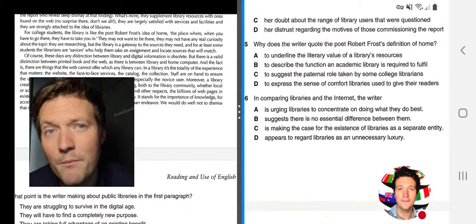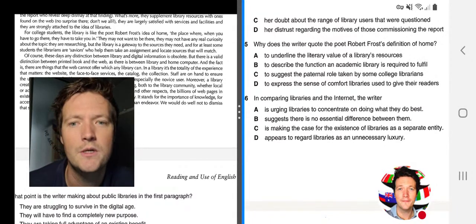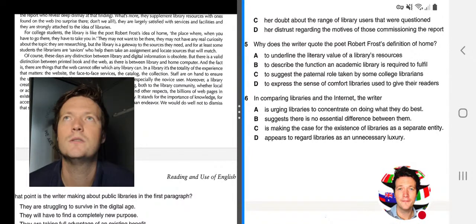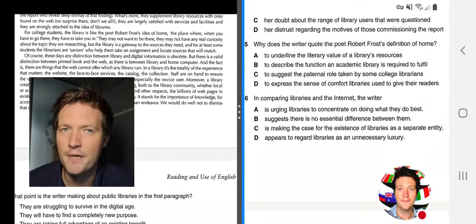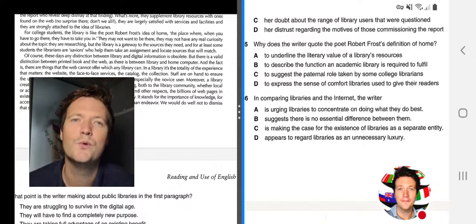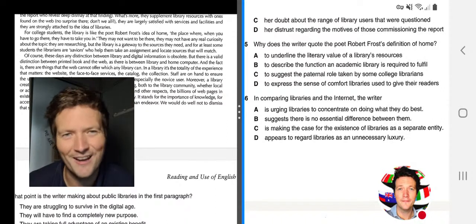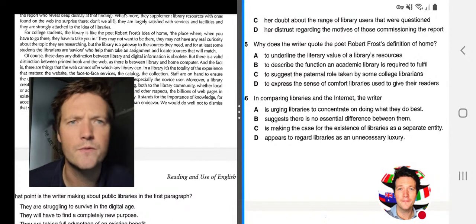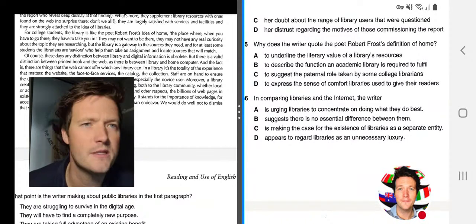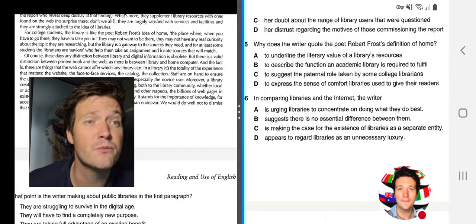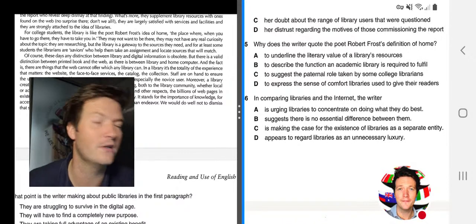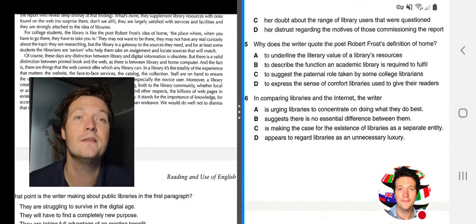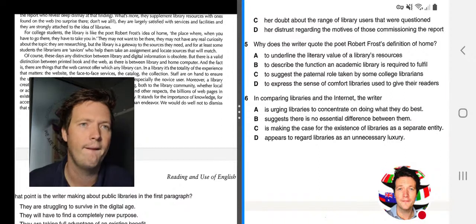There's way more information on the internet, of course, but you're not going to be forced to look for it in your bedroom the same way as you are in the library. It's a whole different experience, right? I think it's C. Let's have a look at D. Appears to regard libraries as an unnecessary luxury. Absolutely not. This is a defense of the library, if anything. So no, it's definitely C.